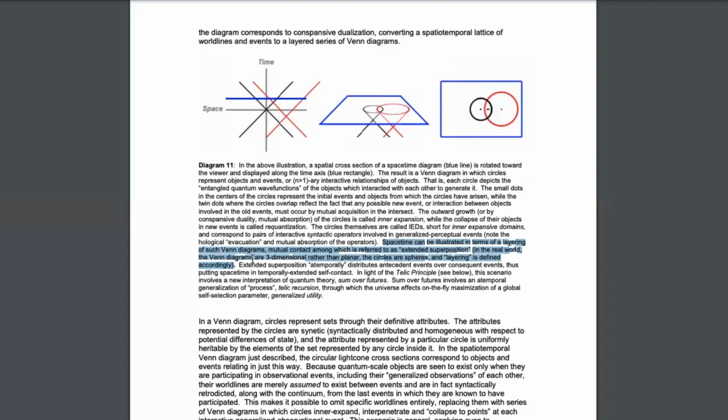In the real world, Venn diagrams are three-dimensional rather than planar. Circles are spheres, and layering is defined accordingly. So we need to have this crossover, right? The way that I'm interpreting this is that these circles have to intersect. We have to have that intersection event taking place in order for there to be an extended superposition, right?